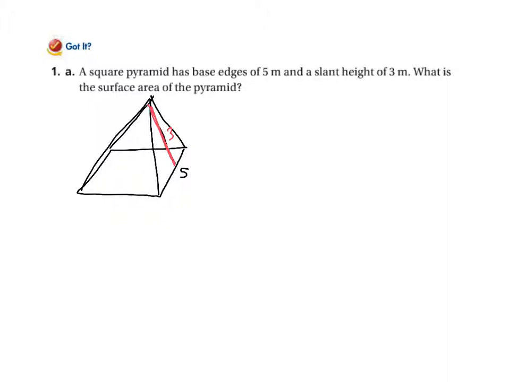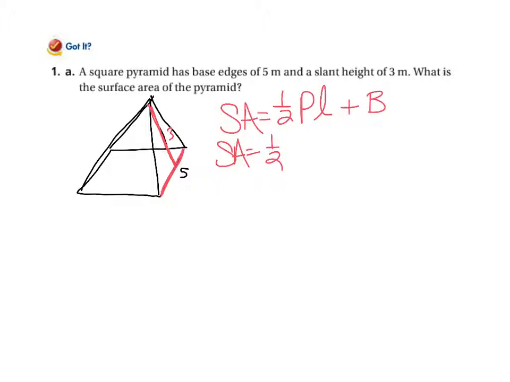Okay. Well, I'm going to have to know the area of the base. The base is a square with all sides 5. Okay, that's not too bad. I think I can do that. All right, so here I'm just going to jump into surface area then. Surface area equals 1/2 PL plus 1 base. The perimeter of the base: each side is 5, there's 4 sides, so the perimeter would be 20.